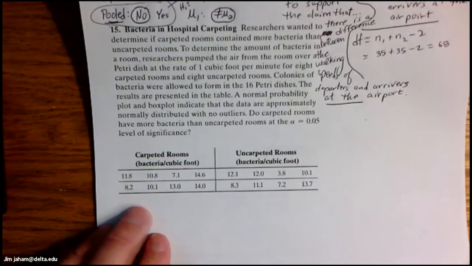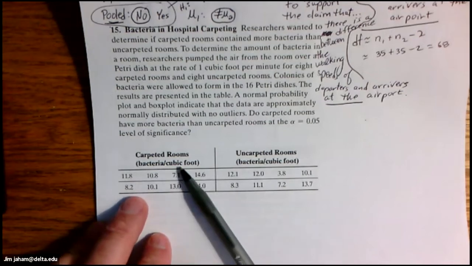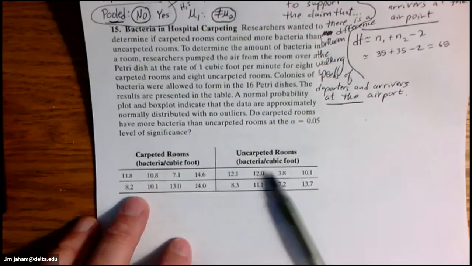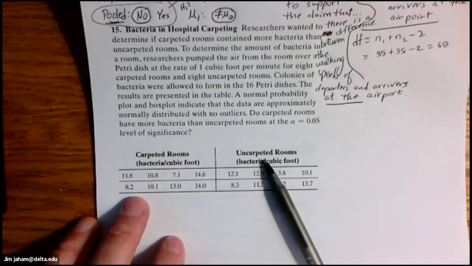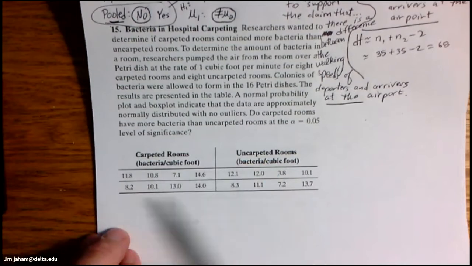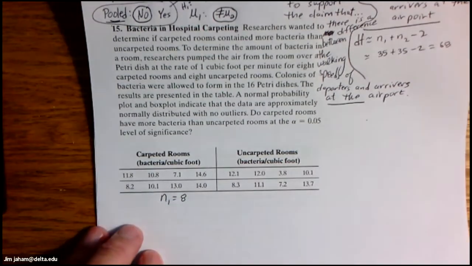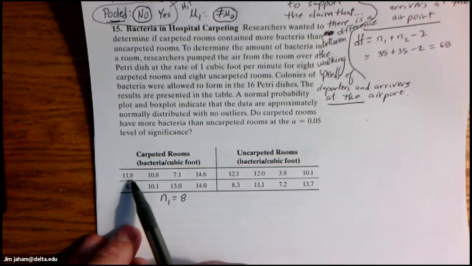And so they took a cubic foot, yeah, I have to think about this in terms of a carpet, but so they went and measured the bacteria in carpeted rooms versus bacteria in uncarpeted rooms. And they counted the bacteria in these rooms. Here you can see that we have N1 equals 8 different rooms. And they had 11.8, on average, 11.8 bacteria per cubic foot.